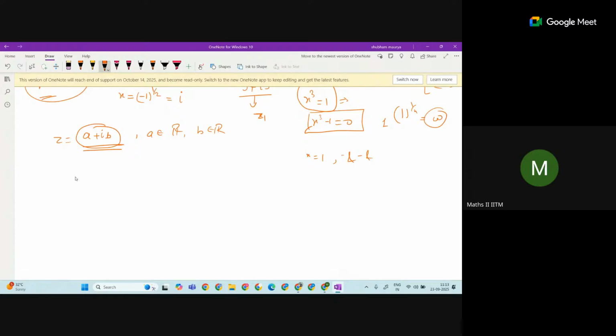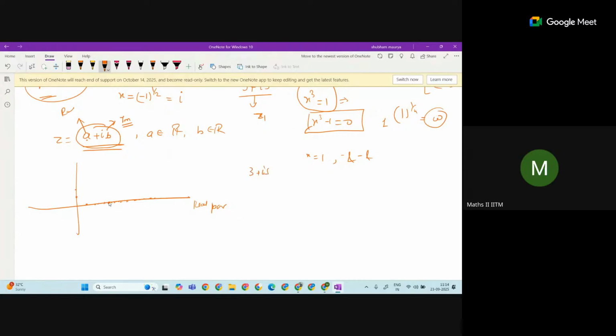Here, this a is coming from the real part, and this is called the imaginary part. As you have seen in the coordinate system, the real part is noted on one axis and the imaginary part on the other. Let's say I'm saying 3 plus i5.